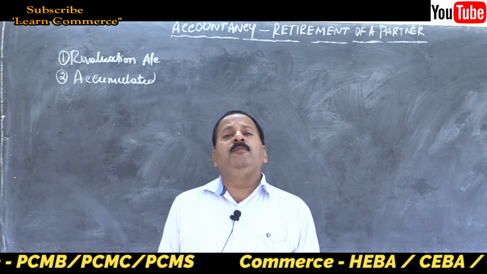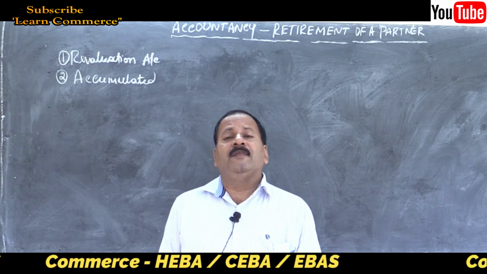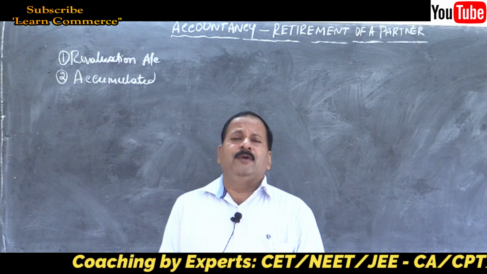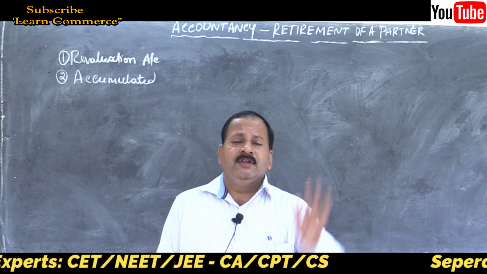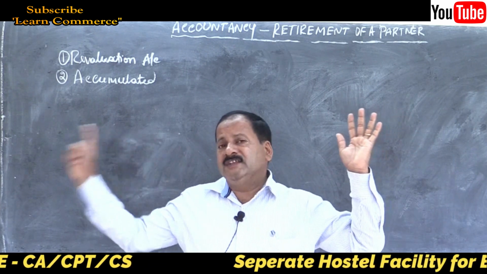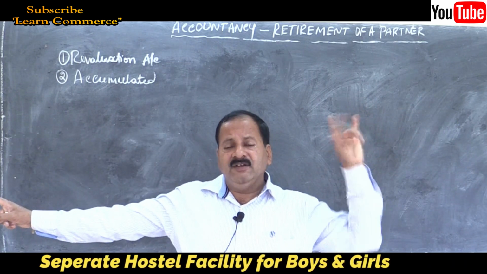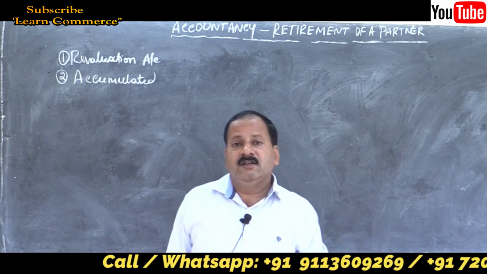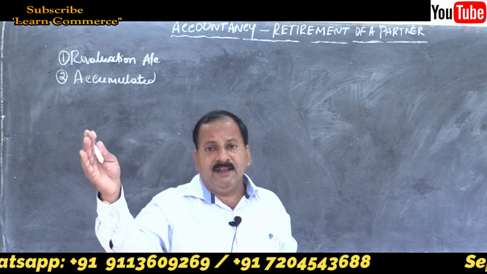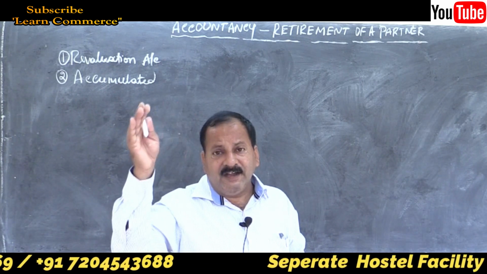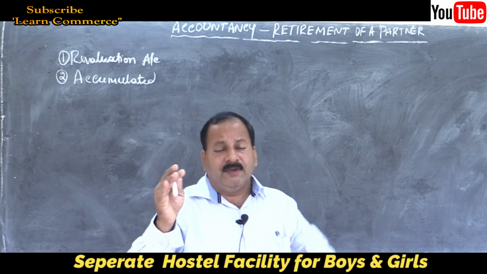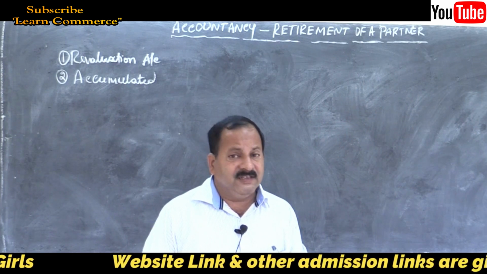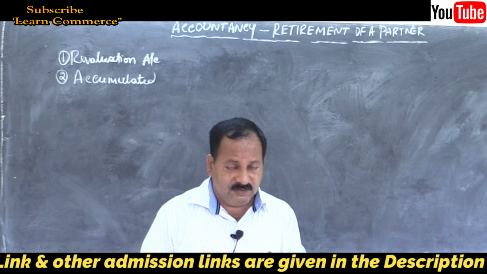Or any other accumulated profits appearing on the liability side of the balance sheet. The same thing we have to do. Those appearing on the liability side should be transferred to the credit side of partners' capital accounts, that is accumulated profits or reserves. Then anything that appears on the asset side should be transferred to the debit side of partners' capital accounts, which means accumulated loss.